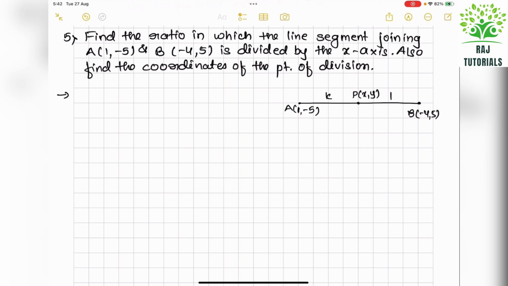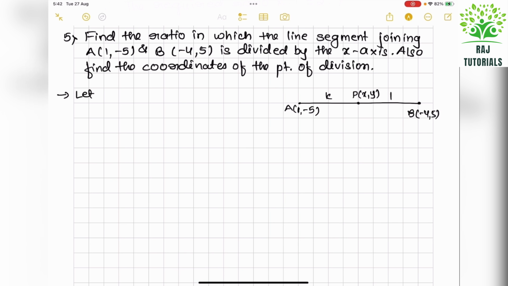Now next question says find the ratio in which the line segment joining A (1, minus 5) and B (minus 4, 5) is divided by the x-axis. Also find the coordinates of the point of division.